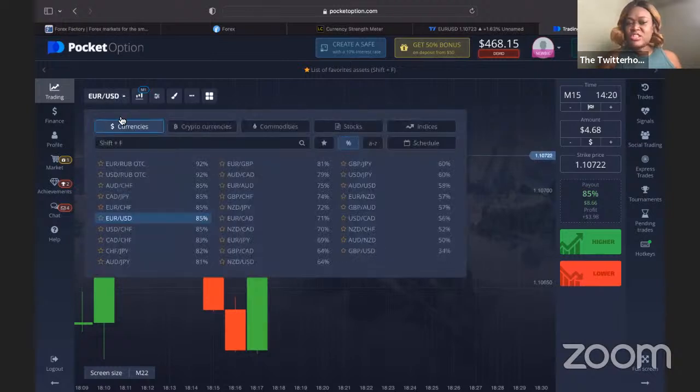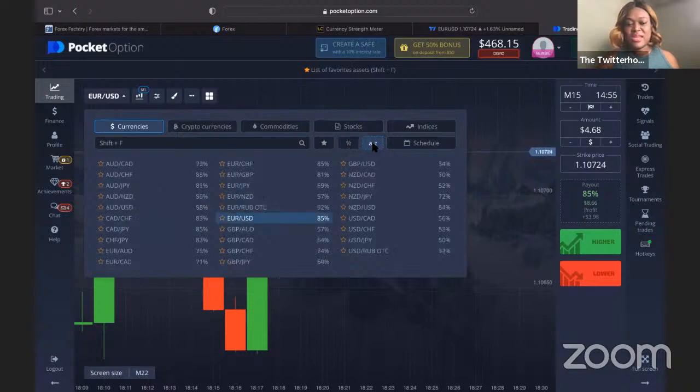And you can trade currencies, cryptocurrencies, commodities, stocks, indices. So you want to go ahead and select currencies. And then it's going to default to payout percentage, going from the highest percentage payout all the way down to the lowest. So I like to have it alphabetical because that way I can find what I'm looking for easily.